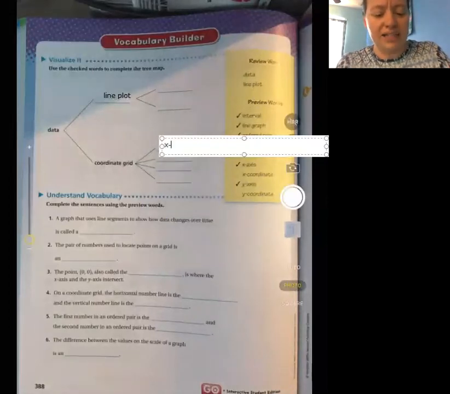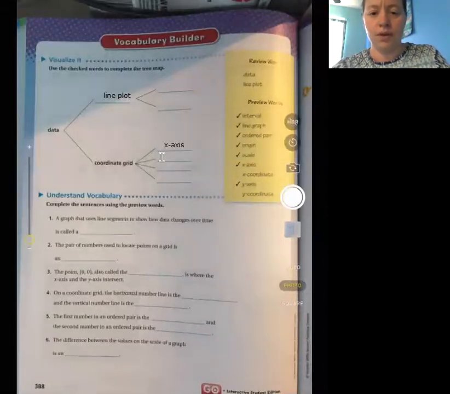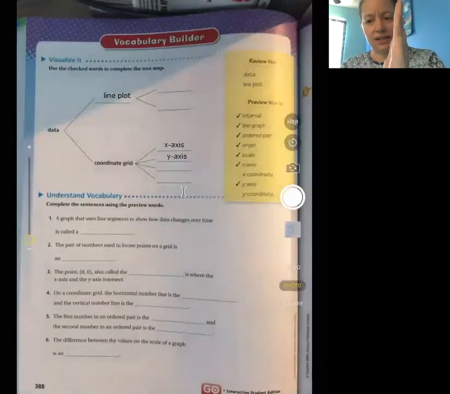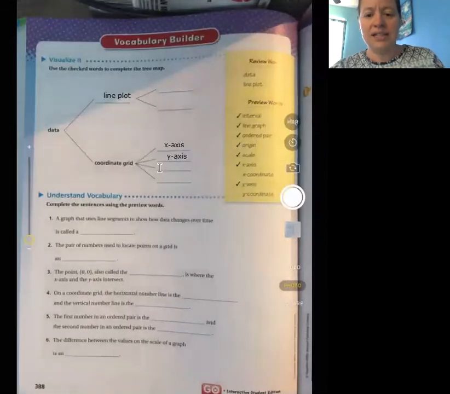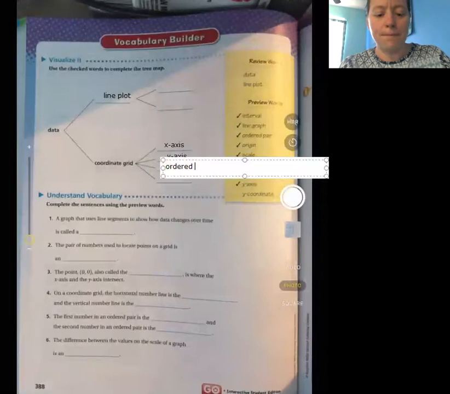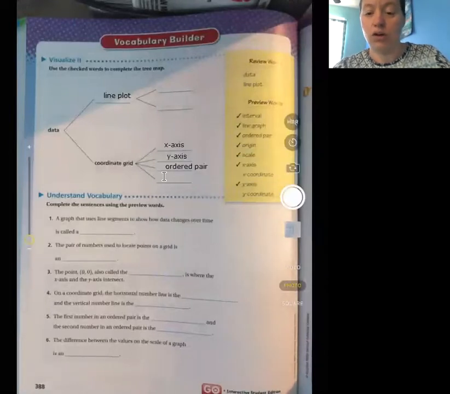So we have the x-axis. Remember, that's the one that goes along the bottom. It's the first number that we use. We have the y-axis. That's the number that goes up the side. It's the second number that we use. Together, the x and the y make what we call an ordered pair. Okay, so that's the x and the y together make an ordered pair.